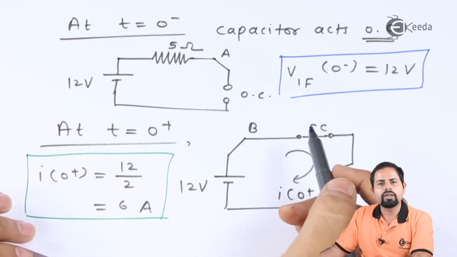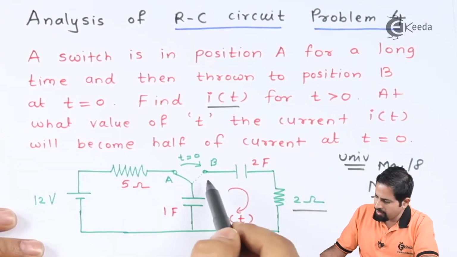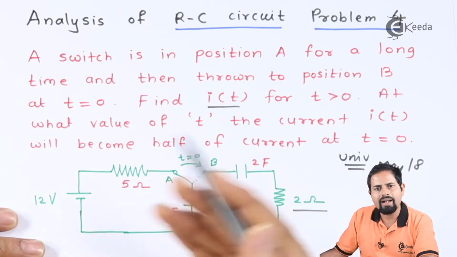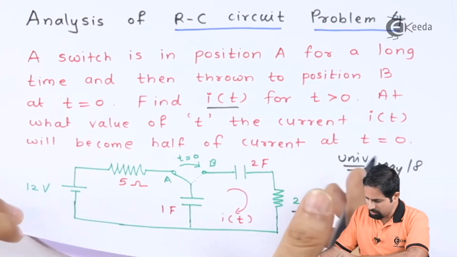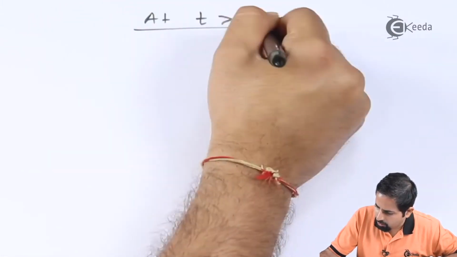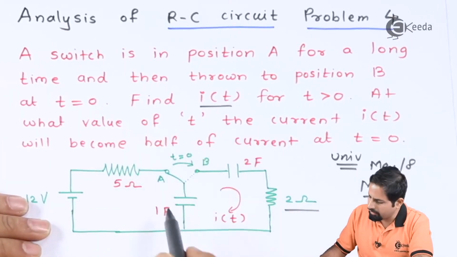Now we will go back to the circuit and see what happens at time t greater than 0. At time t greater than 0, instead of this capacitor there will be a voltage source and a capacitor. This capacitor now will come in the picture, and the resistance. So at t greater than 0, the circuit will be something like this. We'll draw the right side of this circuit.